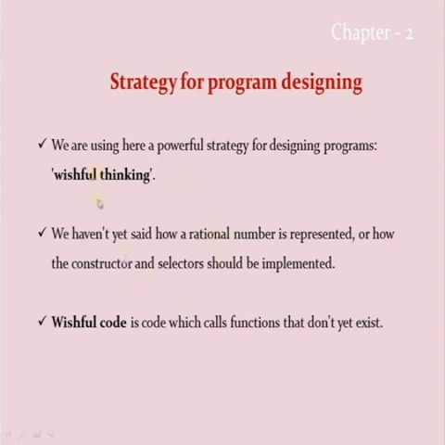This kind of program designing is said to be wishful thinking, because wishful code is code that calls functions that do not yet exist. That means up to this it is not defined, but for completion it should be defined later. Is it clear, children?